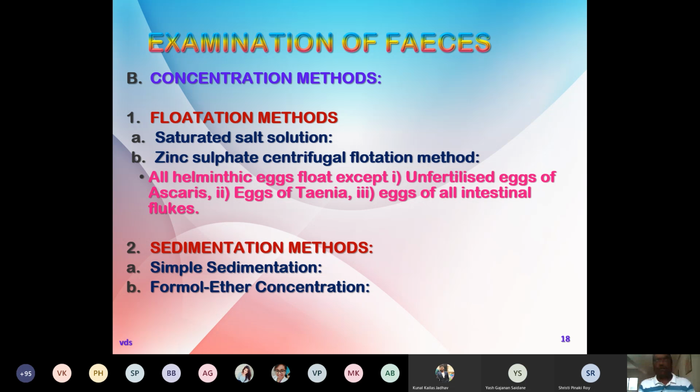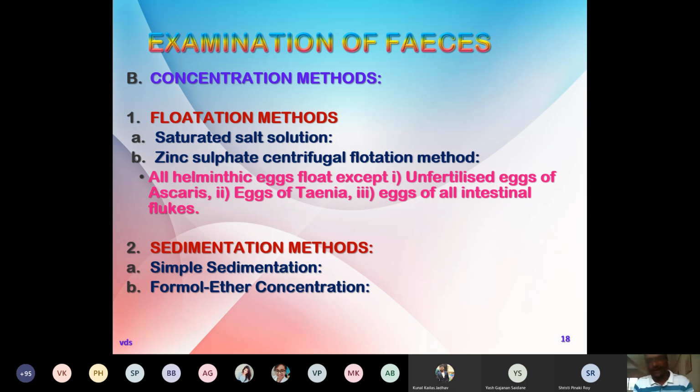Common salt, sodium chloride, is mixed in the water and a concentrated suspension is made. This concentrated suspension has a high density as compared to the density of the eggs or cysts. Because of their low density, these float on the surface.